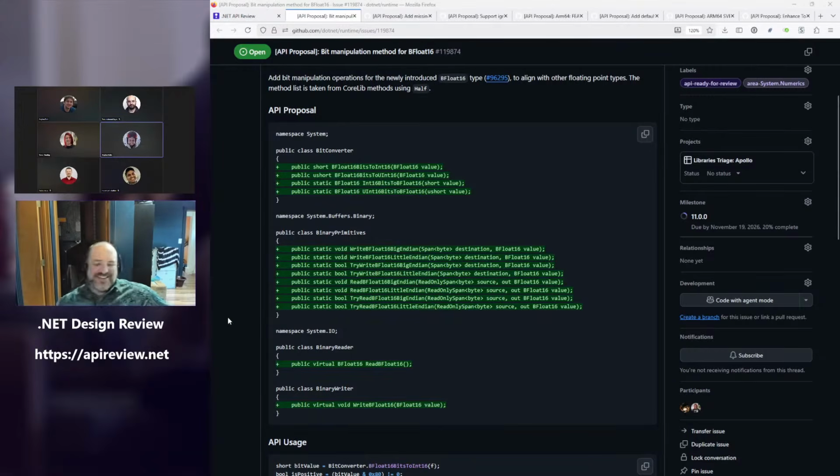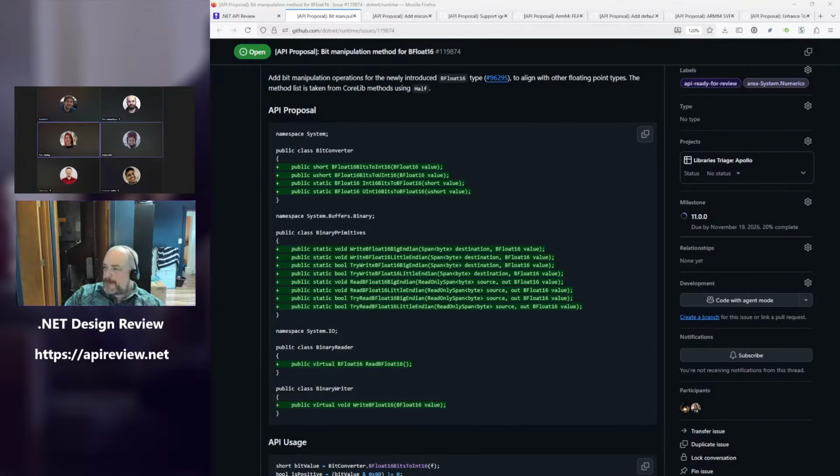Yeah, I read in the risks that this loses our opportunity to move the bfloat16 out of corelib. Is that something we would ever do or consider? No, it can't be moved out of corelib anyways, because it's a primitive type.